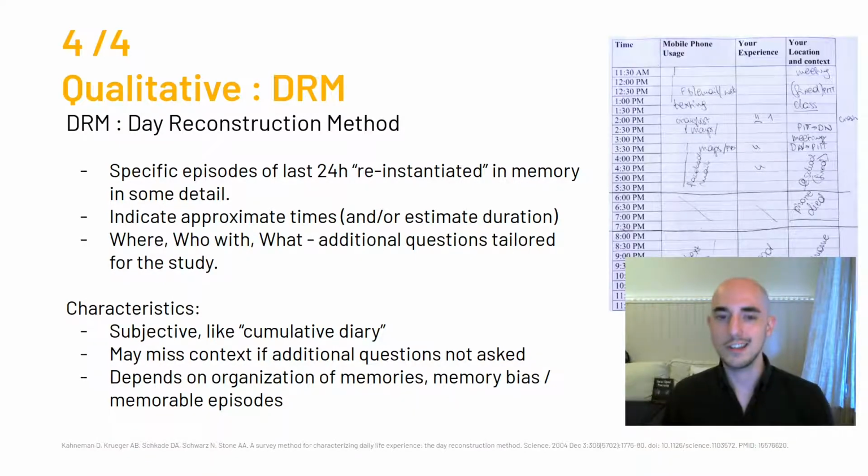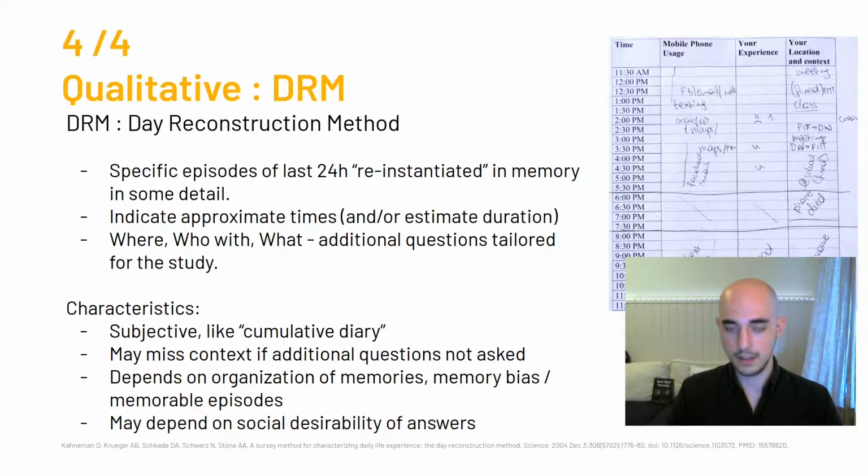So when you get a DRM from a study participant, it's important to have multiple people coding it. Each of the 2 coders codes it on their own, and then they discuss together to be sure that they didn't miss an important part of the data, because one may know some aspect of an application or of the context a little better. Maybe this is important, and you have to get it right.